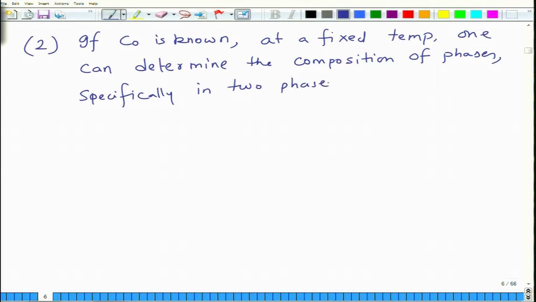So when you are in a single phase region, then the composition of the phase is the same as the alloy, but when you are in a two phase region, then it's different.